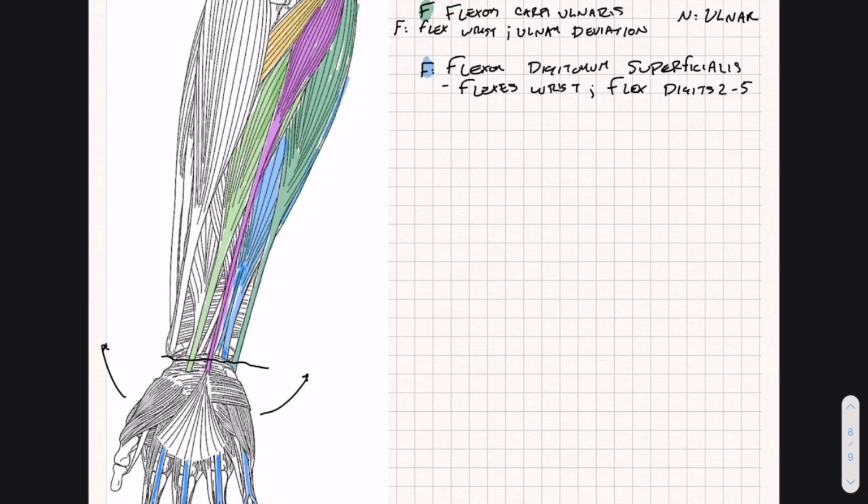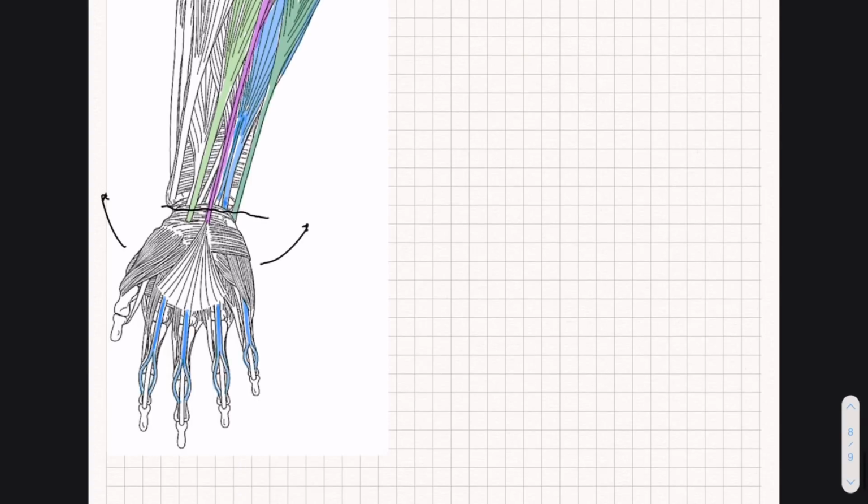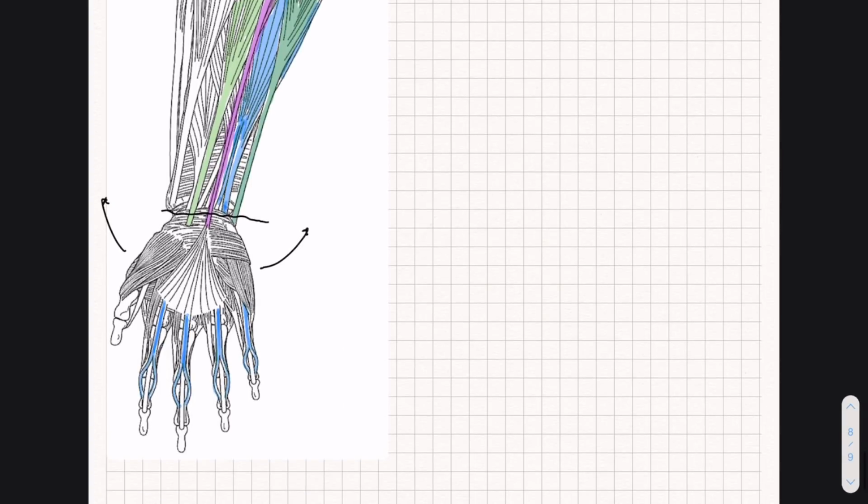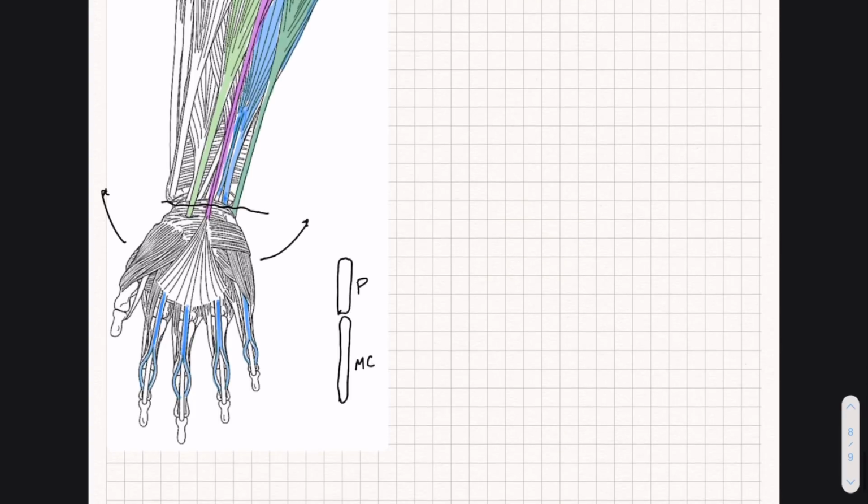And then the detail with this is you have these different joints of the fingers. So if I drew, this is a metacarpal bone, and then you have your first phalange. This is called the proximal phalange.